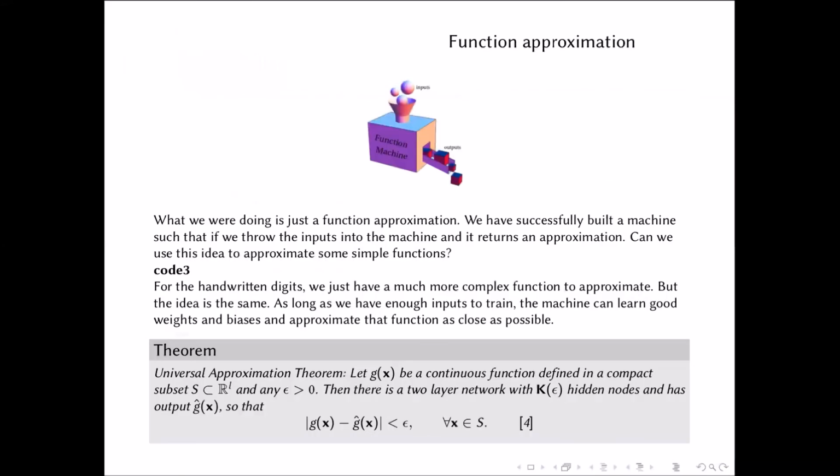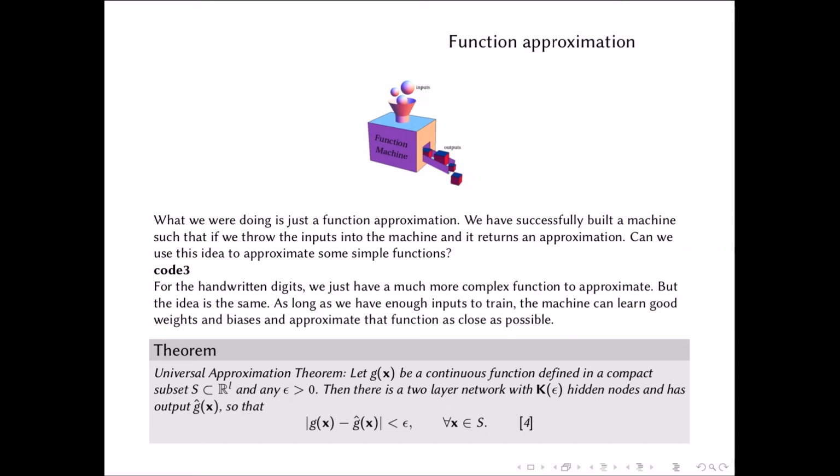So now let's go back to our first example, our big picture. Remember, we have a simple function, x1 squared plus x2 squared over 2, which I wrote here. Now we have already successfully built a machine that, if we throw the inputs to it, returns an approximation.